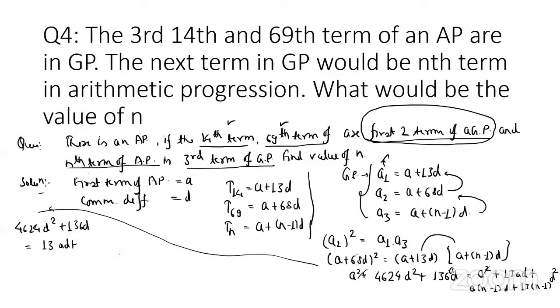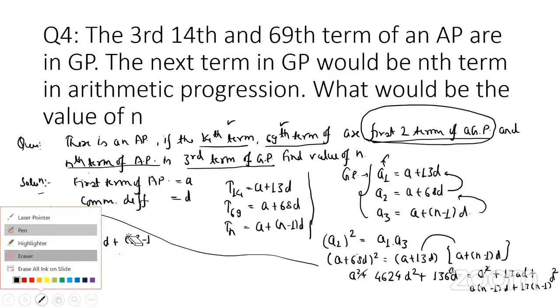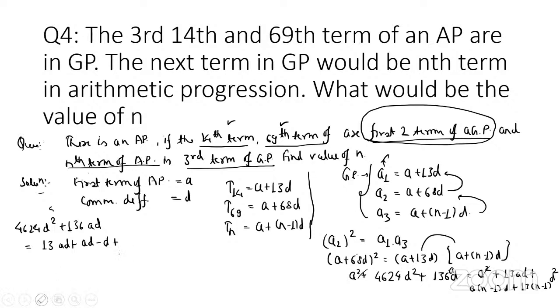So this is basically 136Ad. On the right side, we can say it is 13Ad plus Ad (n minus 1), plus 13 bracket (n minus 1), or you can say 13n minus 13. We can say both the things, right? So we can just call it Ad(n minus 1) plus (13n minus 13) d squared, right?